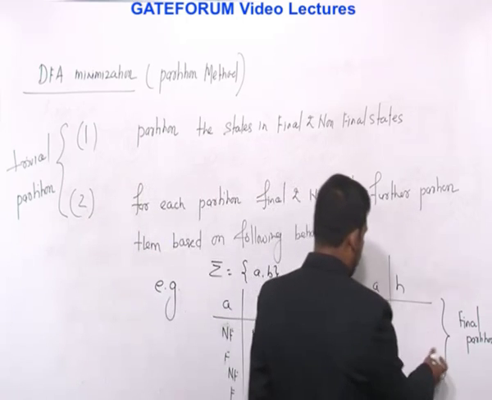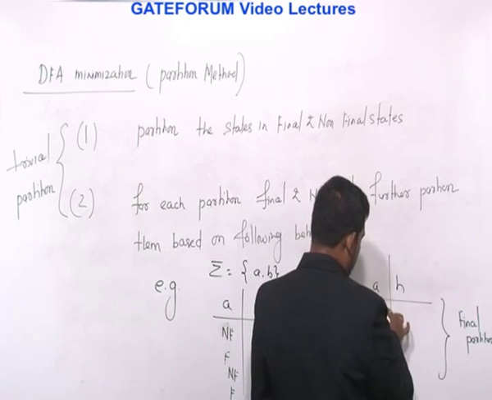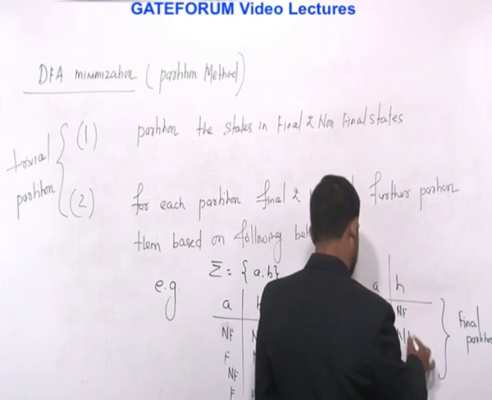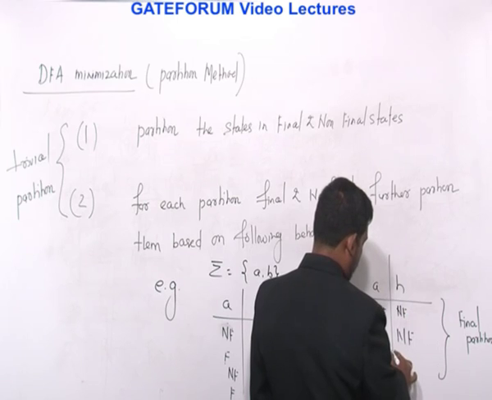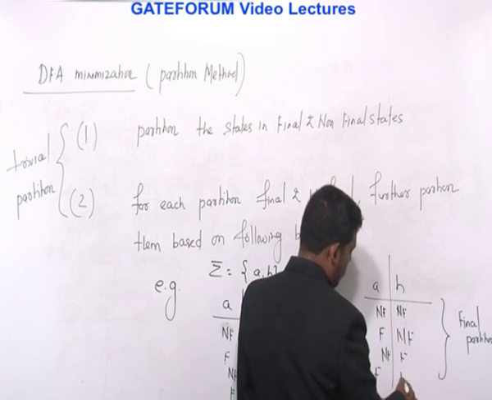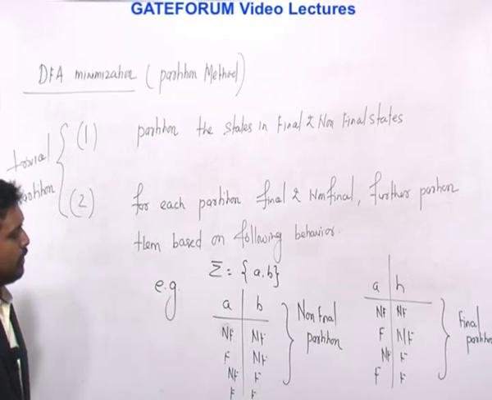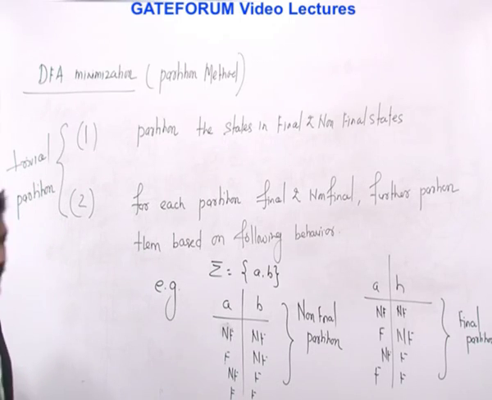Same behavior for the final partition: both non-final, final and non-final, non-final and final, and both going into a final state. So these are the 2 trivial partitions.